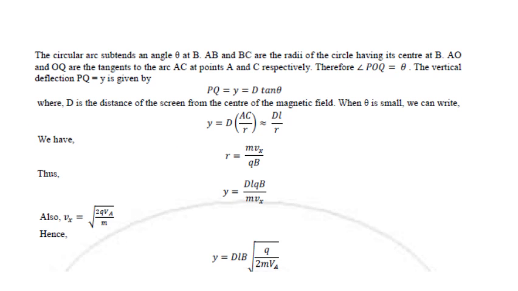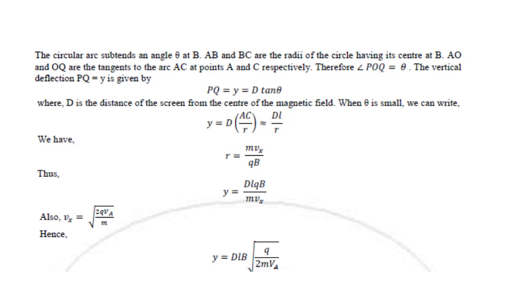The circular arc subtends an angle theta at P. AB and AC are the radii of the circle having its center at B, and AO and OQ are tangents to the arc AC.